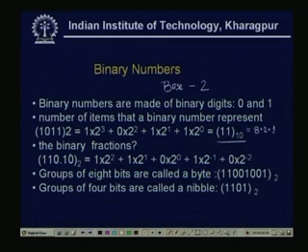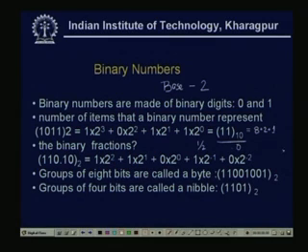Now, how do I get the binary fractions? Again in a similar way, 1 into 2 square, 1 into 2 to the power 1, 0 into 2 to the power 0, plus after the decimal point it is 1 into 2 to the power minus 1, which is equal to half, 1 by 2, and the next is multiplied by 0, so it is of no meaning, it is 0.